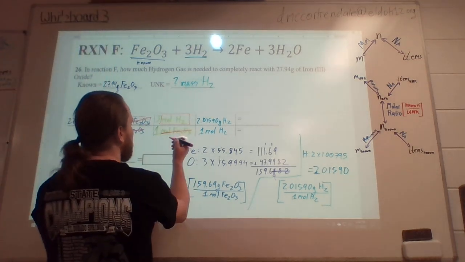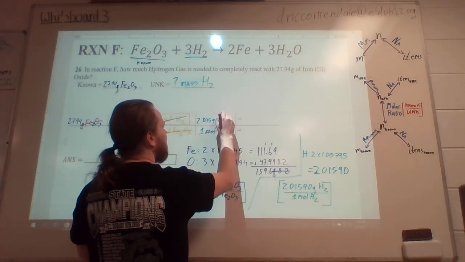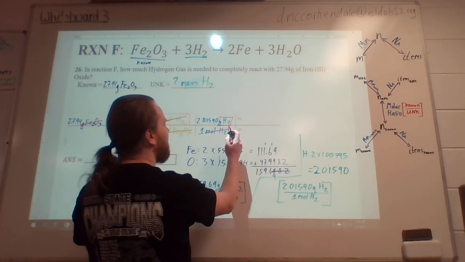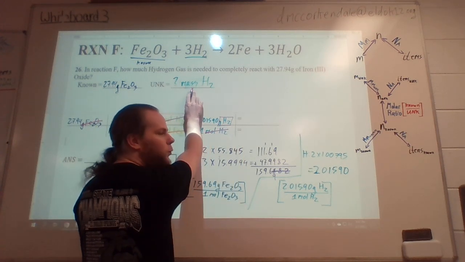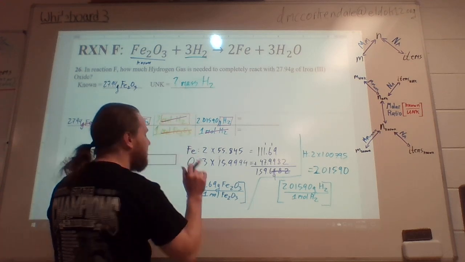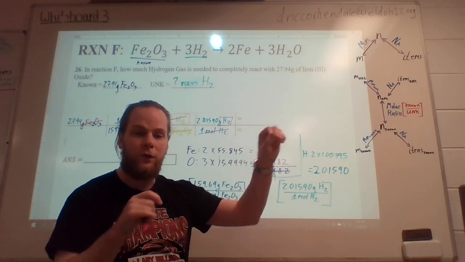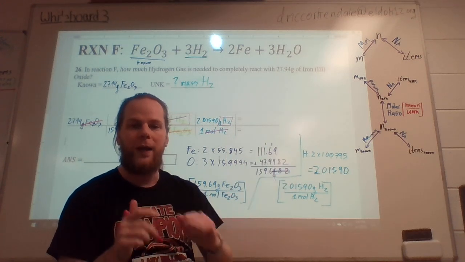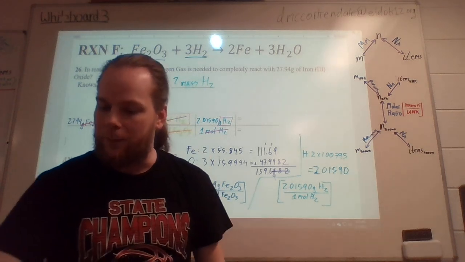And the moles of H2 will cancel, leaving us at long last in units of grams of H2, which is what we want. We want the mass of H2. So if we solve this table now, it will give us our answer in these units, mass or grams of H2, or hydrogen gas.